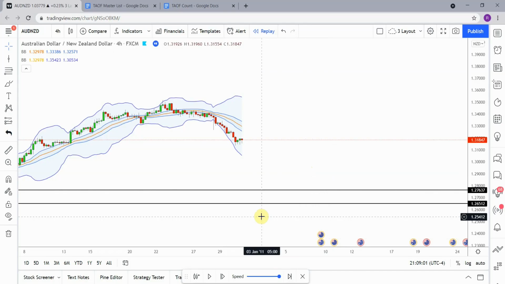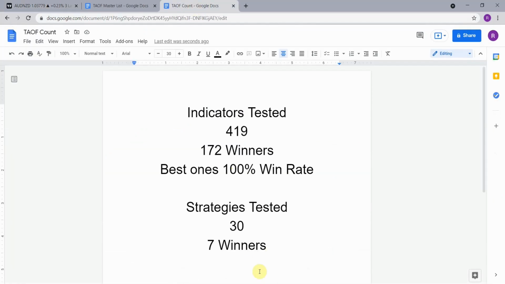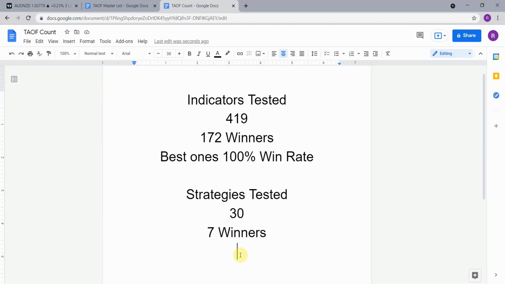Alright, as I said, today we will be testing a 4-hour trading strategy. Before we do though, I wanted to put the testing scoreboard up for everyone to see. So to date, we have tested a total of 30 different strategies. This one will be the 31st, with 7 of them being winners.